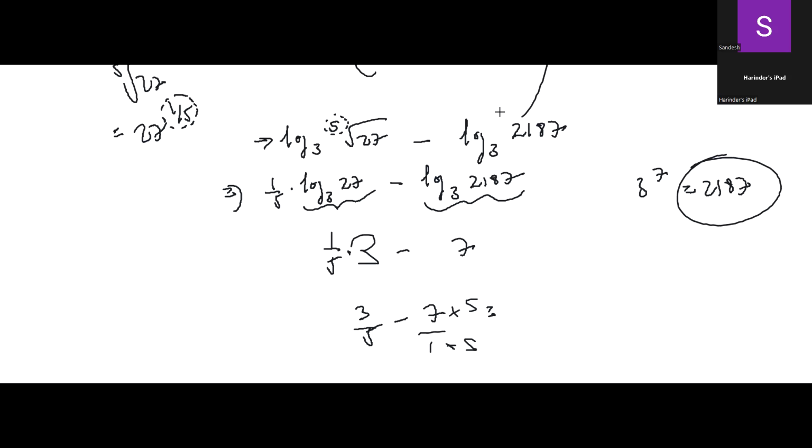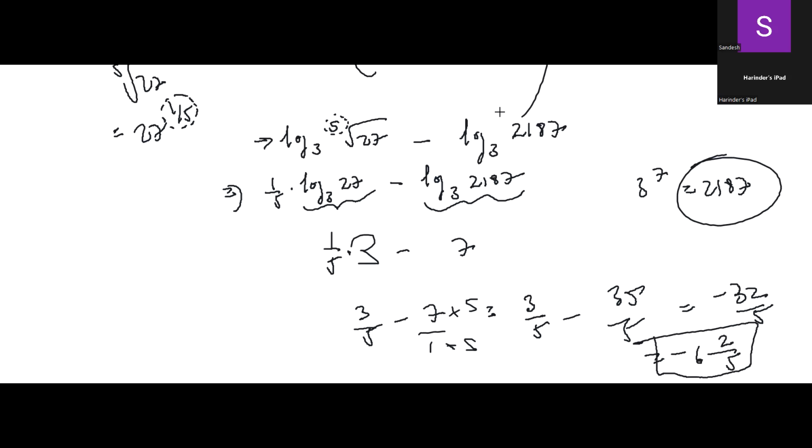So you get 3 over 5 minus 35 over 5. So it's going to be negative 32 over 5. If you write that as a mixed fraction, 5 goes into 32 6 times. The remainder is 2. And there you go. That's going to be the final answer.